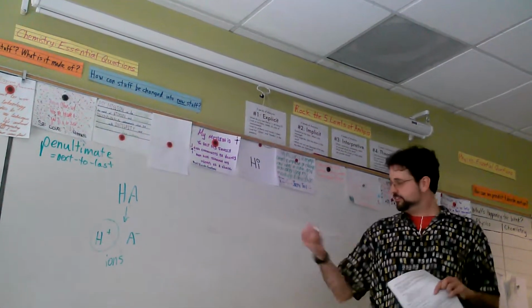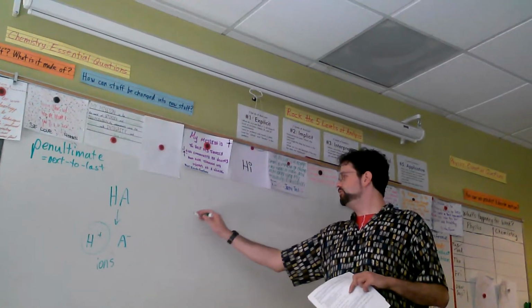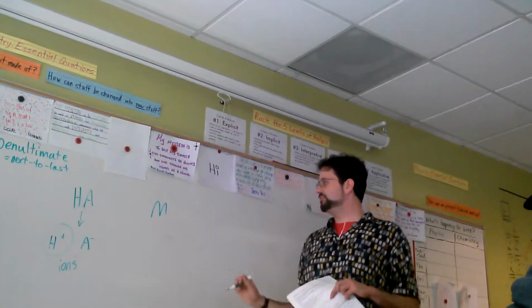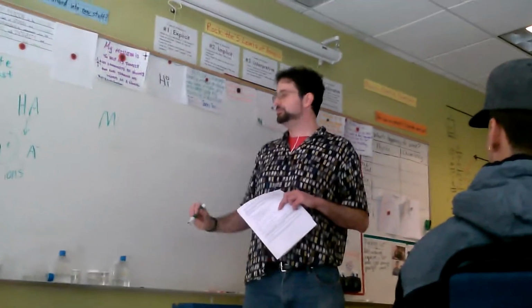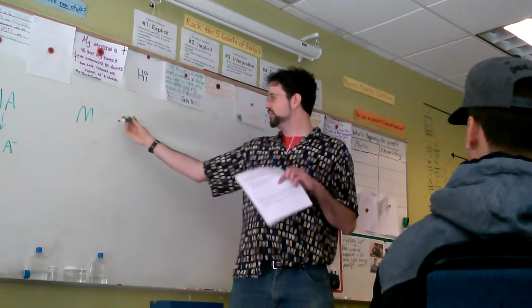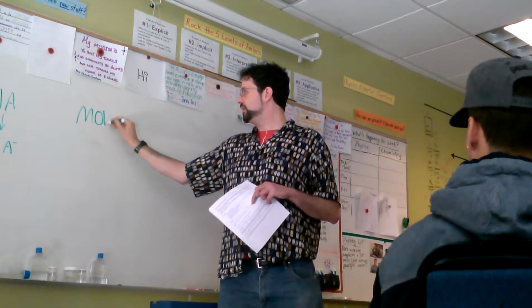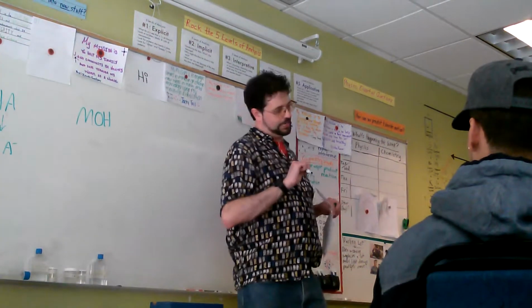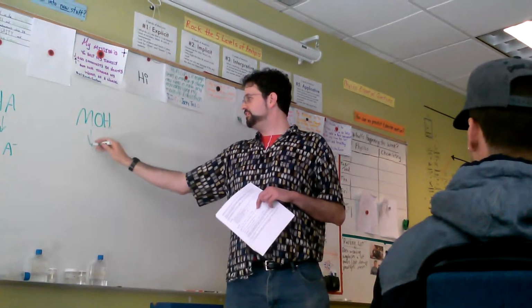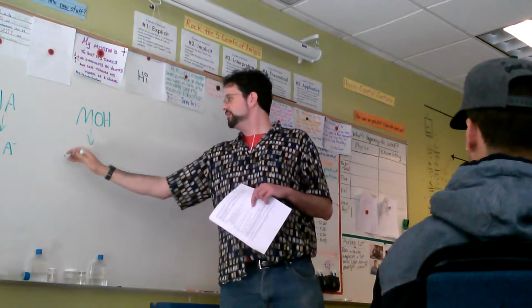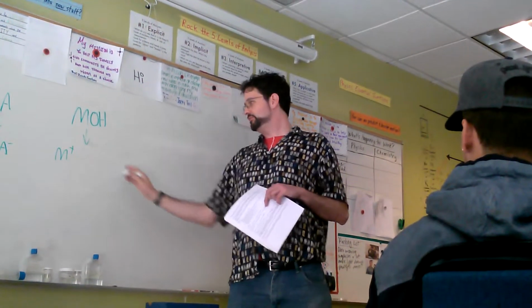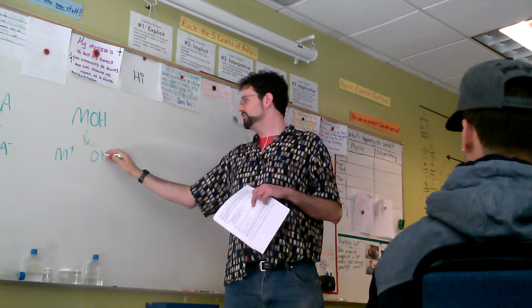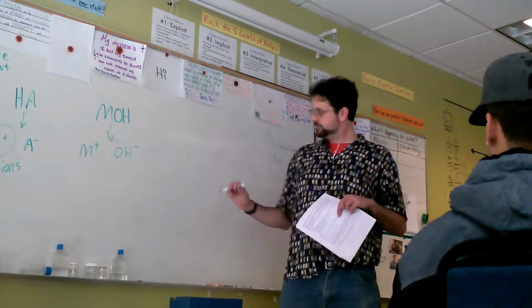If you have a base, it usually has some kind of metal. Could be lots of different things, so we just use the letter M. And then hydroxide, OH. And when you put this into water, it breaks up into a metal ion and an OH ion.